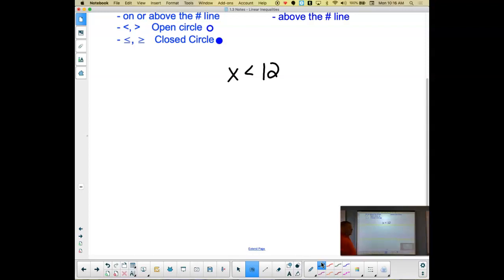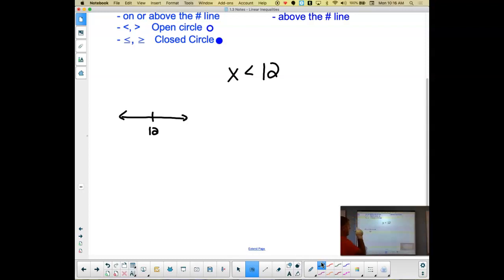Now, ideally, we would start with a number line, and the only thing that I care about on that number line is the number 12. Okay? That's the only part I care about. If you want to add more numbers, that is totally up to you. That is not up to me. Okay? I only care about that number 12.